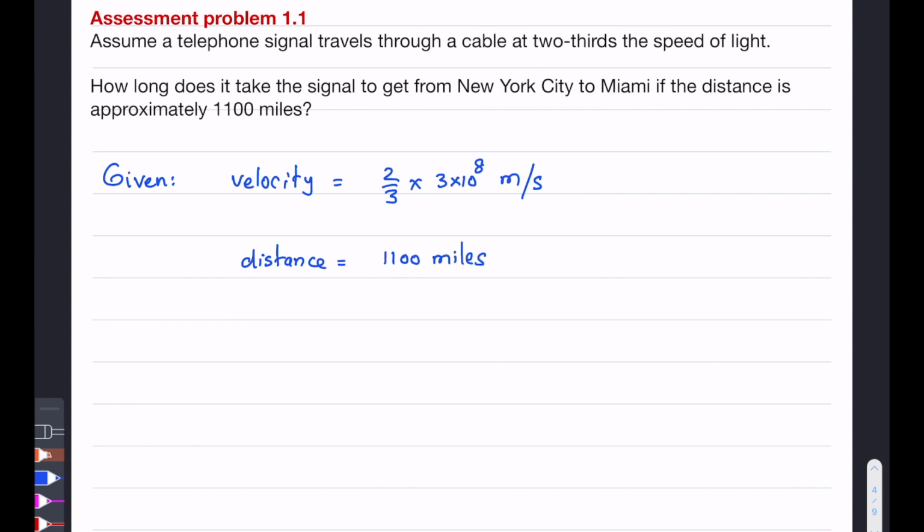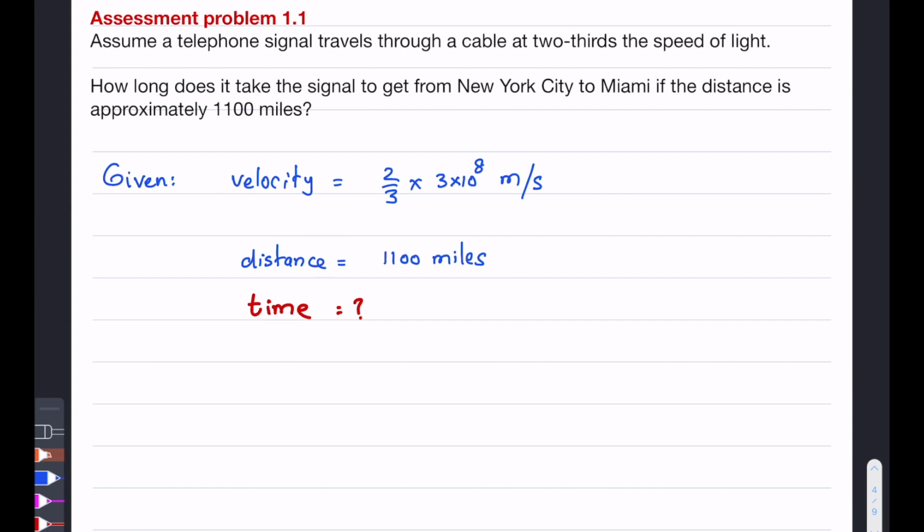And that is not in our standard SI unit, so we are going to have to convert that to meters or kilometers. The unknown quantity here is time. That's what we are asked: how long does it take for the signal to get from point A to point B.